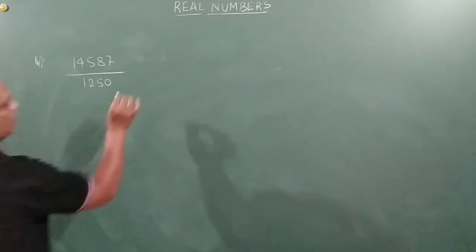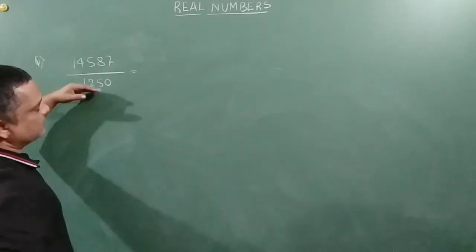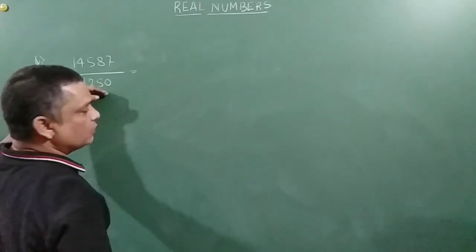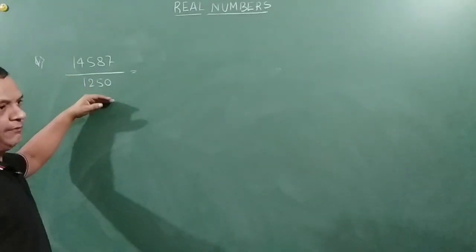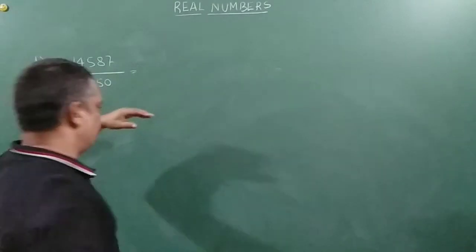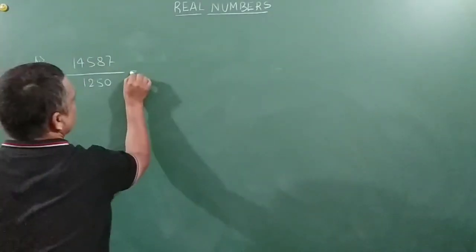Okay. So friends, what we are going to do is express the denominator in the form of 2 raised to power m and 5 raised to power n.